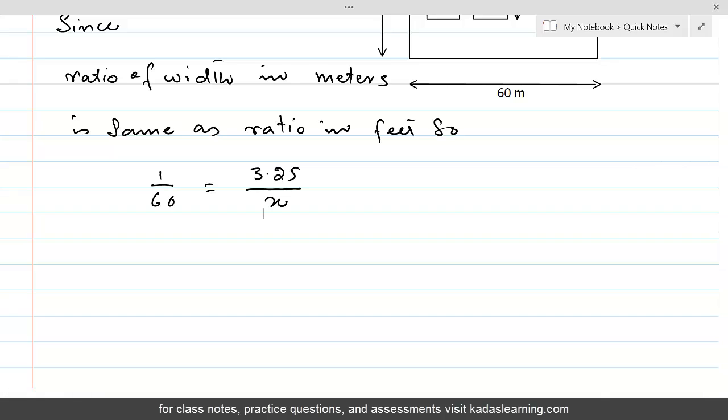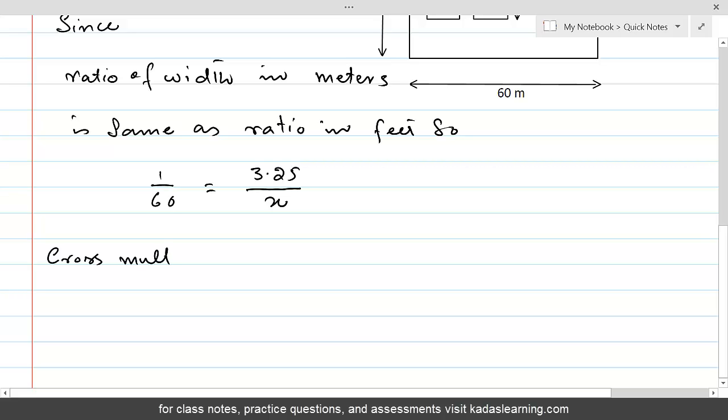If we cross multiply now, this will give us 1 times X is equal to 60 times 3.25.